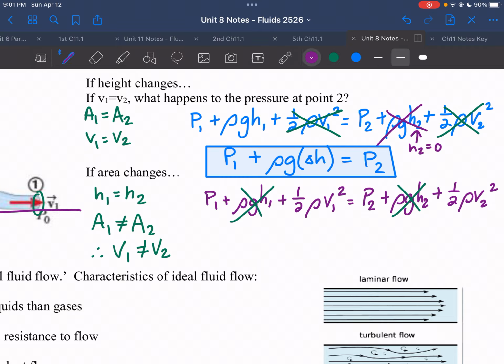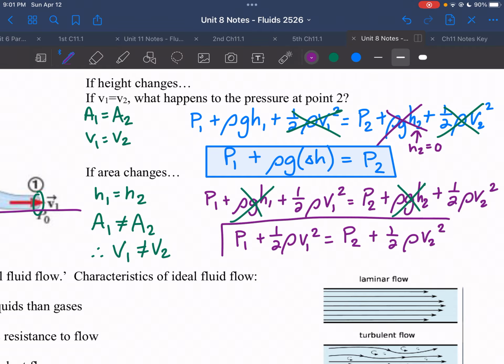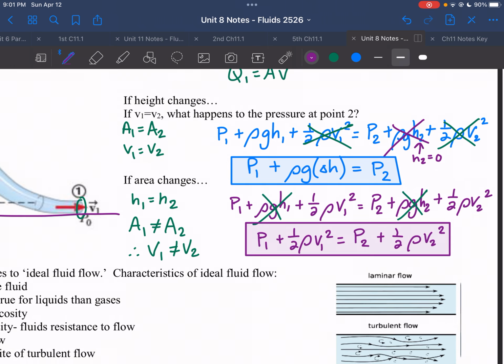And so we actually get the equation that looks like this: pressure 1 plus 1/2 rho v1 squared is equal to the pressure at 2 plus 1/2 the density times v2 squared. Now if it does both, then you would keep the full equation. You'd keep the entire thing.